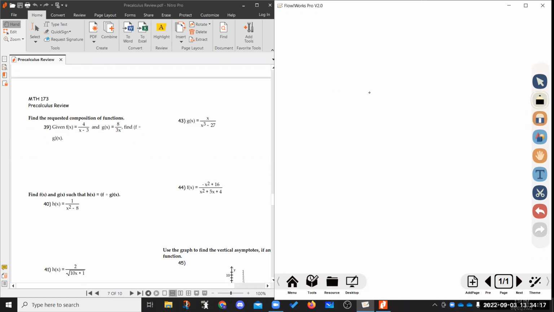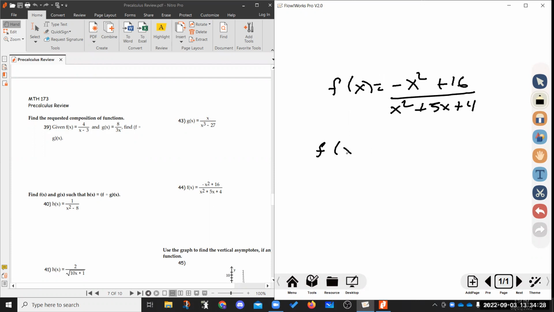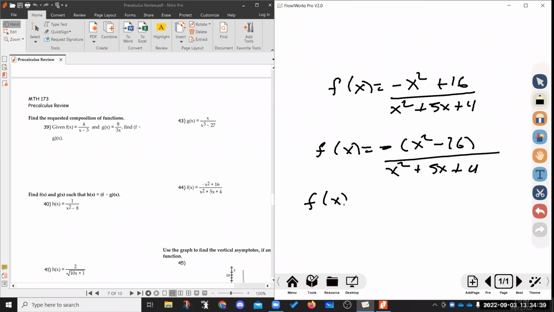And I have f of x is equal to negative x squared plus 16 over x squared plus 5x plus 4. Let's factor everything here to make absolutely sure that we don't get holes somewhere. It's plus 4x minus 4.